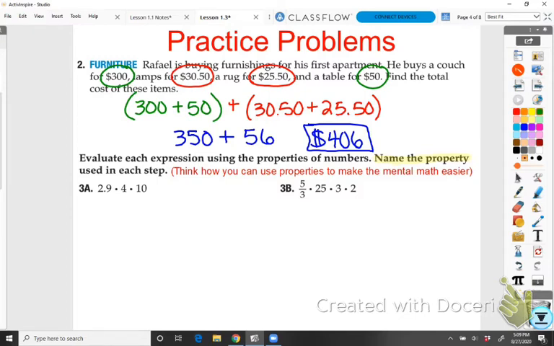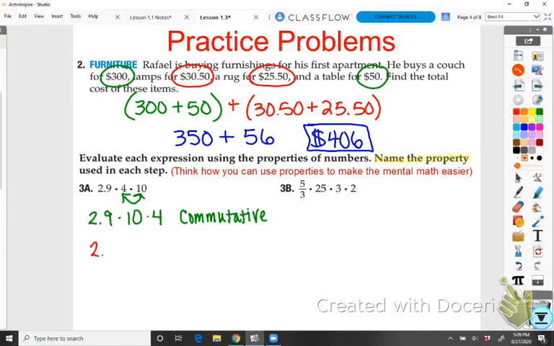So what I'm going to do first is swap the order. So 2.9 times 10 times 4. When you switch the order, that is commutative. And then I want to group.